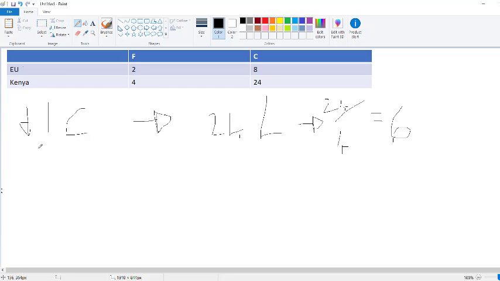So one carbon less, or one chemical less produced, is 6 food. That's what you get. This is what they're able to do.